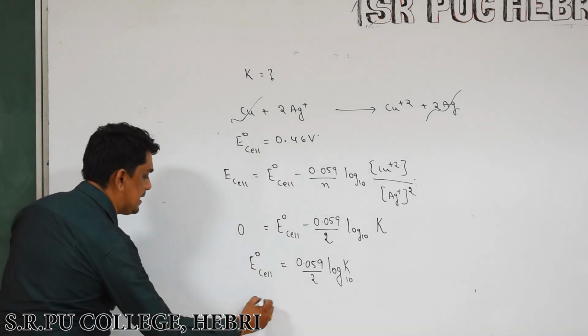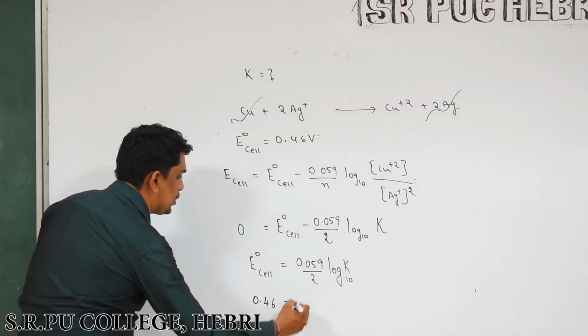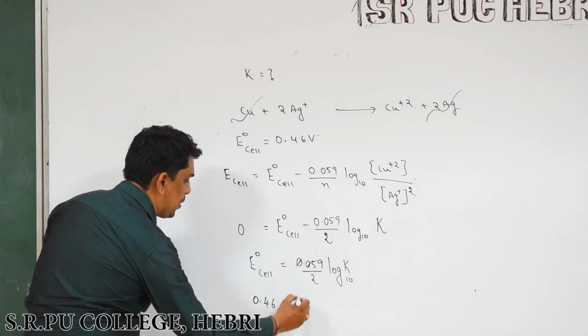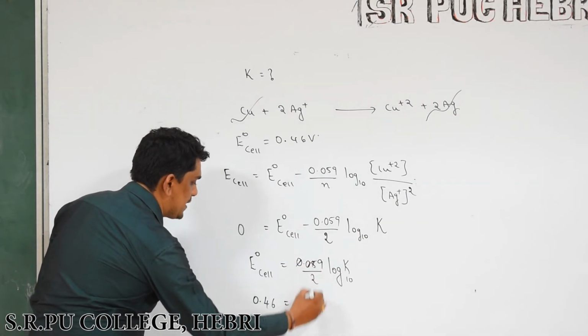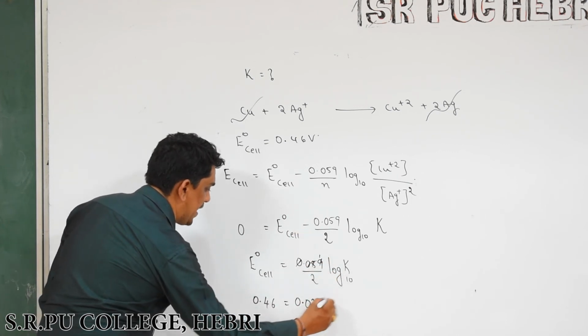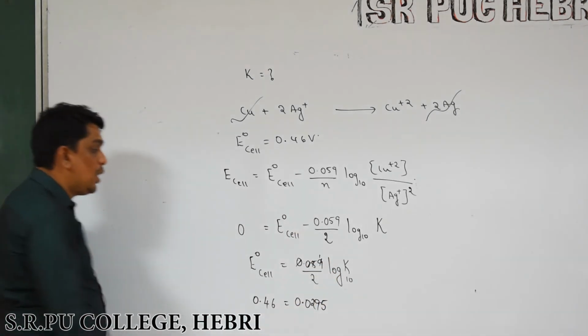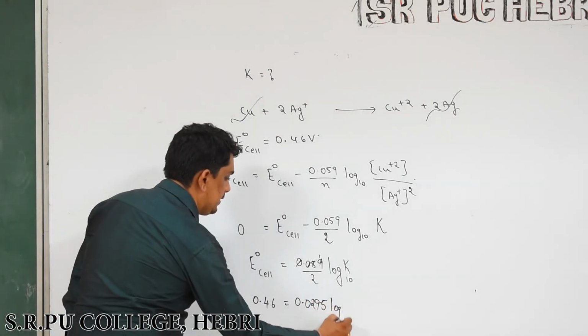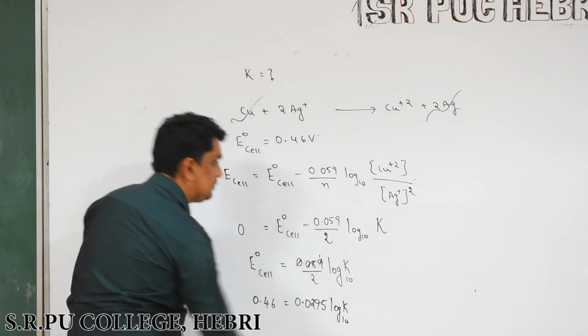So let me write it. It is equal to, let me simplify it, 0.0, 2 2s are 4, 1 remains, 2 9s are 18, 1 remains, 2 5s are 10, so 0.0295, log K to the base 10.